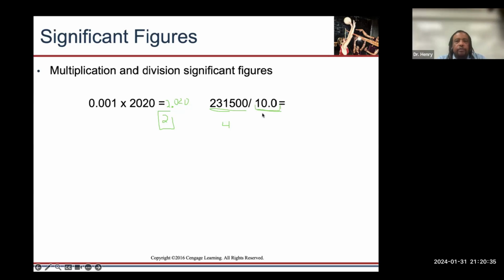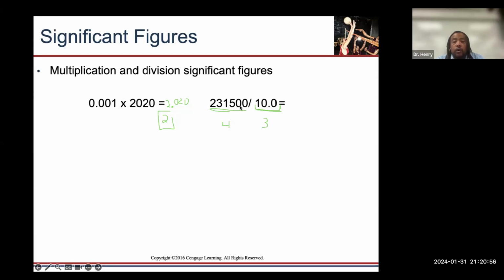No, it's not 2. It's 3, because we took the time to put the decimal there and that 0 following it. Otherwise, we wouldn't do it, right? That means it's important. So that's 1, 2, 3. Okay. So our answer is going to be 3 significant figures because we want to go with the lowest.